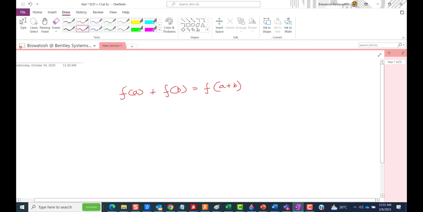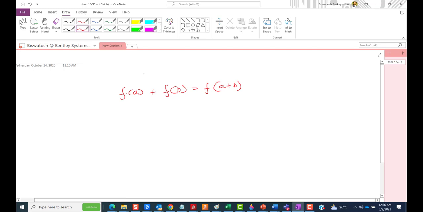Now, for example, this is a response denoted by this function f. This is also a response denoted by this function f. So if I put an input of A, and here I put an input of B, I'll get some individual response against each, right? If I combine them, I'll get some value.